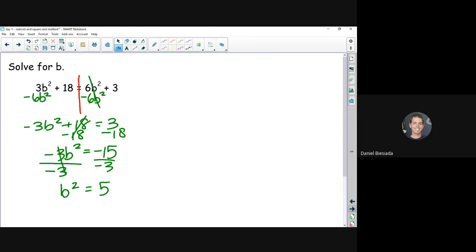Once we've got that, we can go ahead and take a square root. But once again, 5 is not a number that we can easily take the square root of. So I'm going to put both answers up here. The exact version of this would be that b is equal to the square root of 5 or the negative square root of 5.